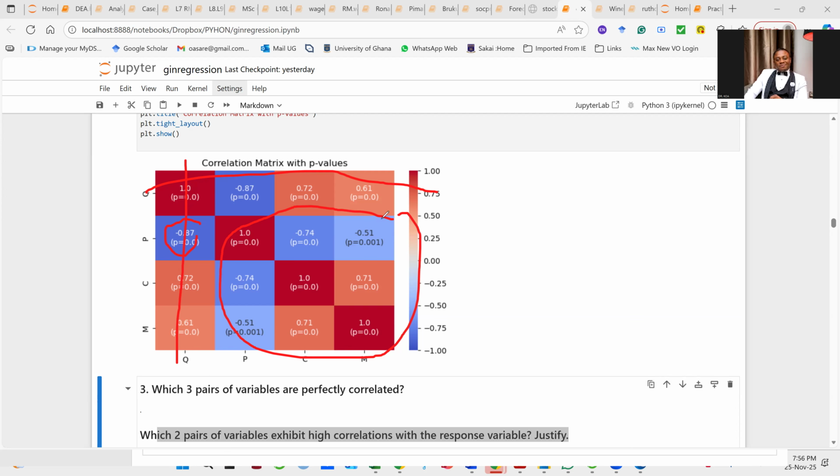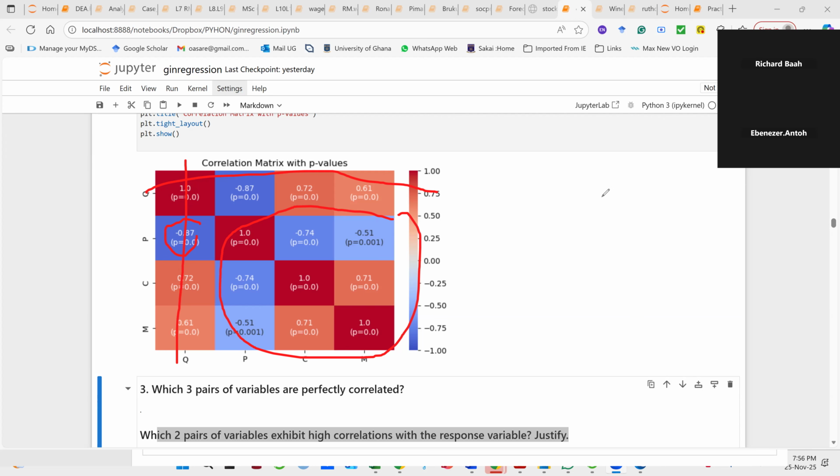The next one after that is which one? Let me see whether Ebenezer will practice. The next one after that is going to be which one? Yes, Richard. Negative 0.51? No. See, we are talking about highly, mostly multicollinear.